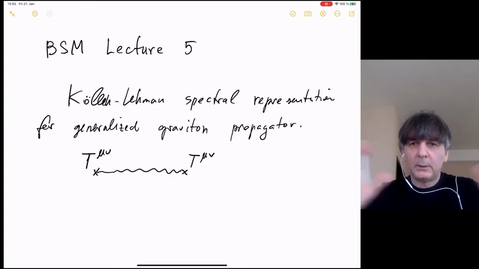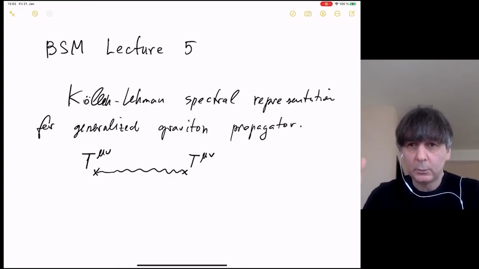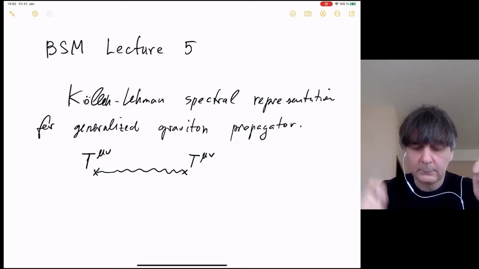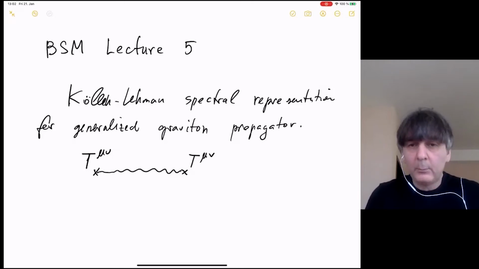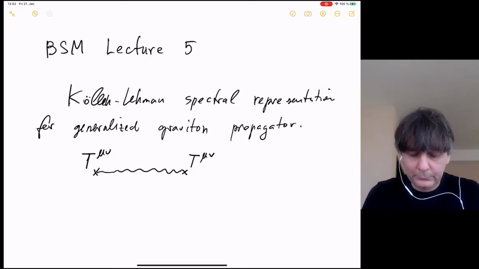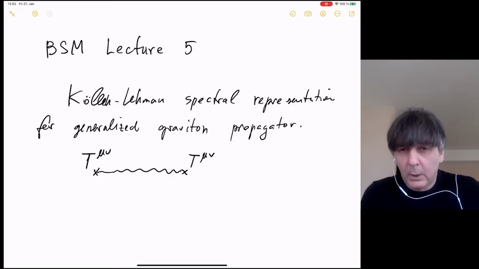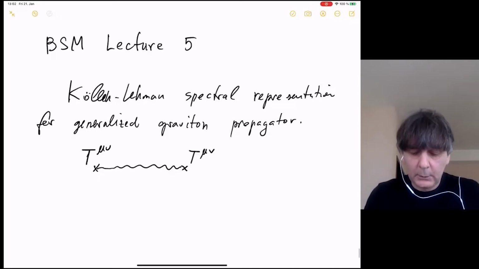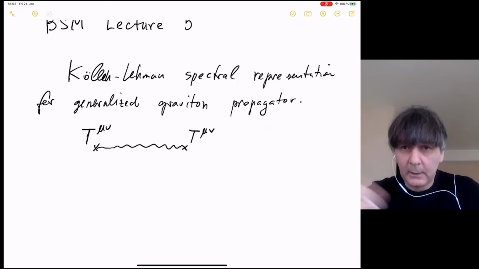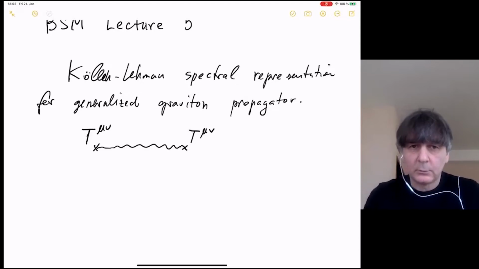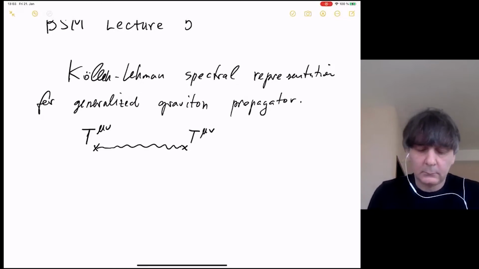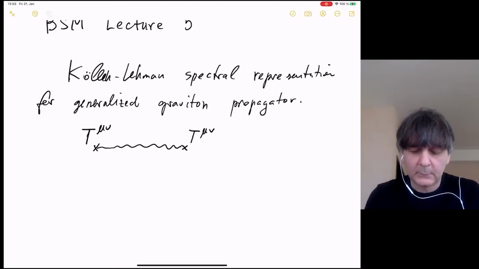Anything that mediates exchange between two conserved energy momentum tensors. Now, I will come back to how precise this definition is. Of course, Einstein gravity satisfies this obviously, and many other modified theories. But anyway, I'll comment on this.